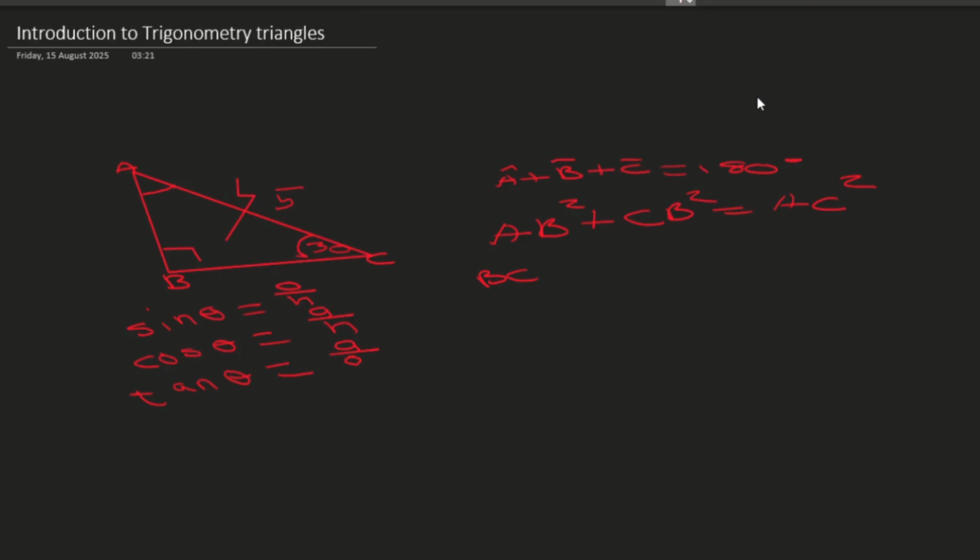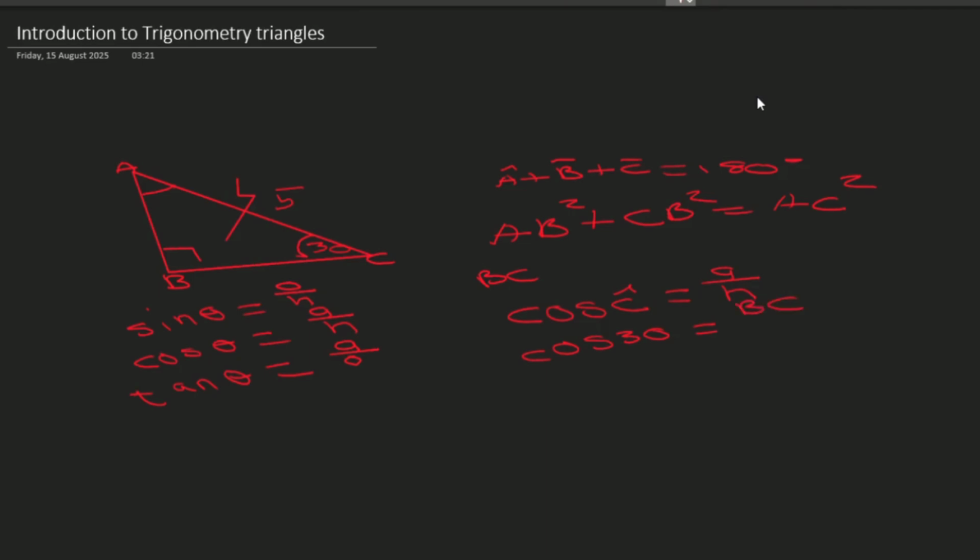Okay, so because we have been requested to find what BC is, we can say that cos of angle C is equal to the adjacent side over the hypotenuse. We know that is cos 30. We know the adjacent side is BC. We know the hypotenuse is AC and is 5.